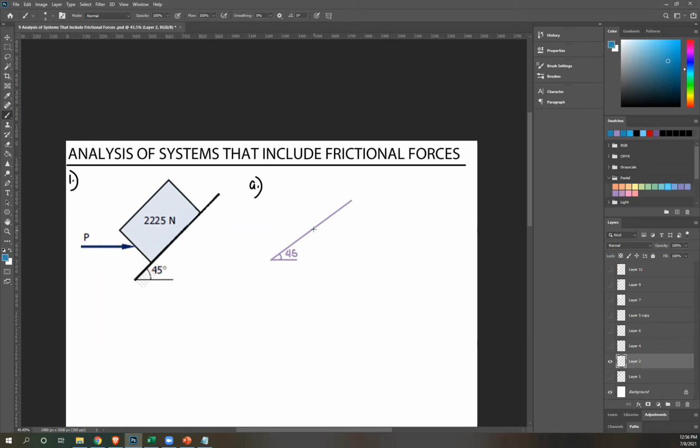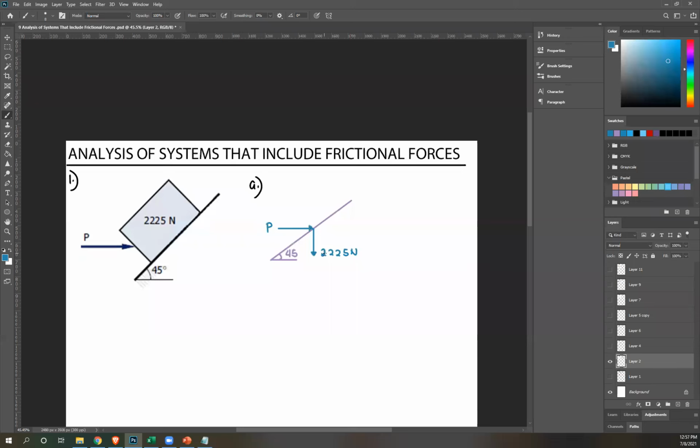Weight is always downward. So this is your 2,225 Newton. There's a force P here. Let's assume this force P is acting at the center of your block, since it's not specified otherwise. Therefore, this is still a concurrent force system. Again, P acting at the center.